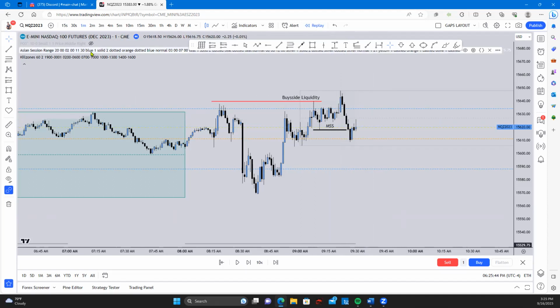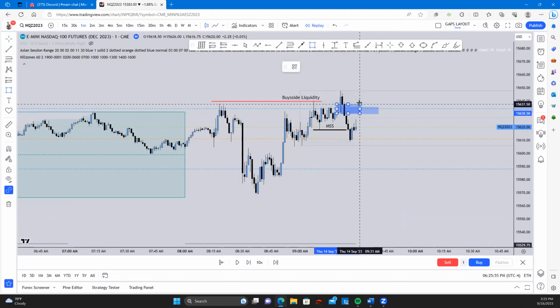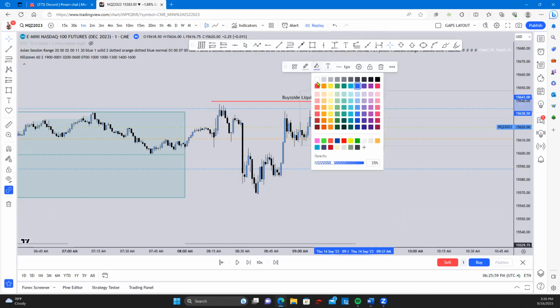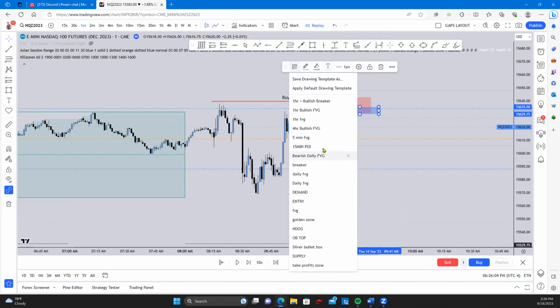If we look here, we do have a small fair value gap here, and then we have an order block in these consecutive up close candles there. Okay, so we have an order block and a bearish fair value gap.